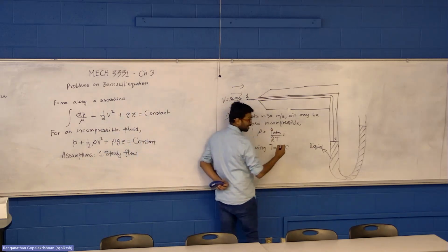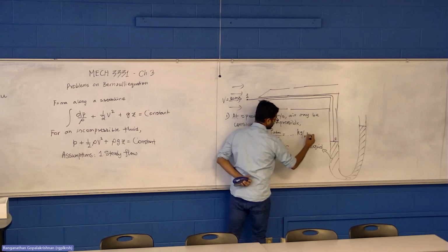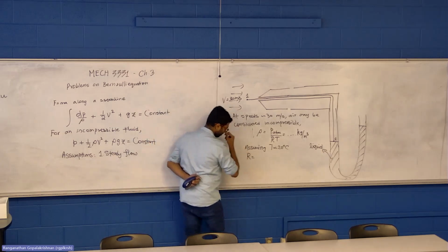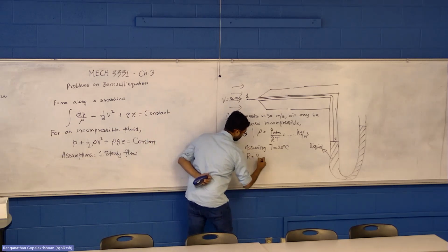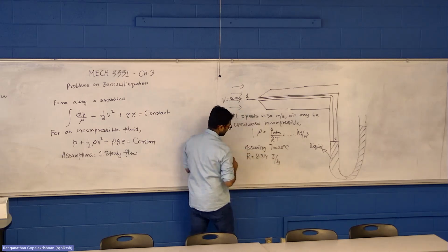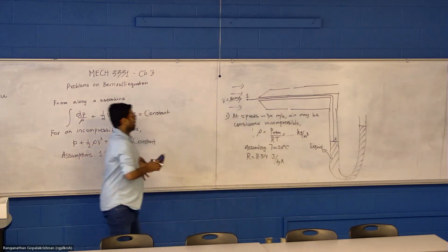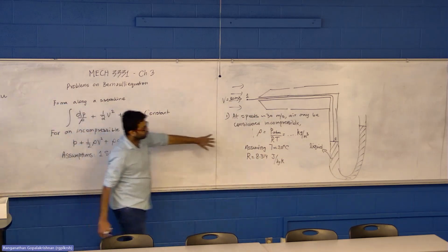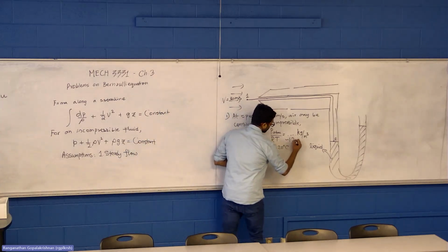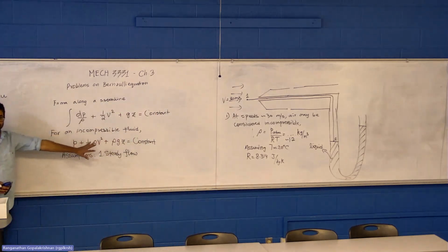So I'm going to trust that you are going to be able to do this calculation and state the density in units of kilograms per meter cubed, and R would be 8.314 joules per, so not joules, joules per kg Kelvin. I'm going to let you do this calculation later. I don't want to get sucked into that. But the number will turn out to be something close to 1.2. That's what is important. We need a number.